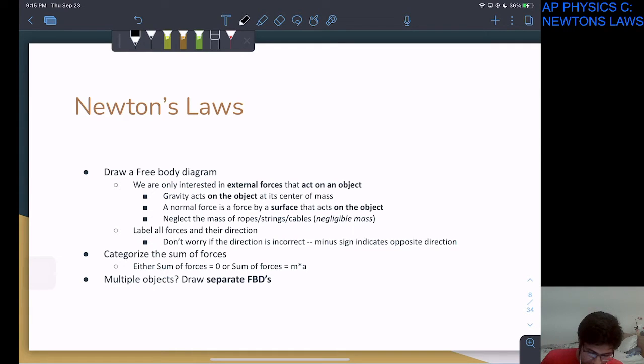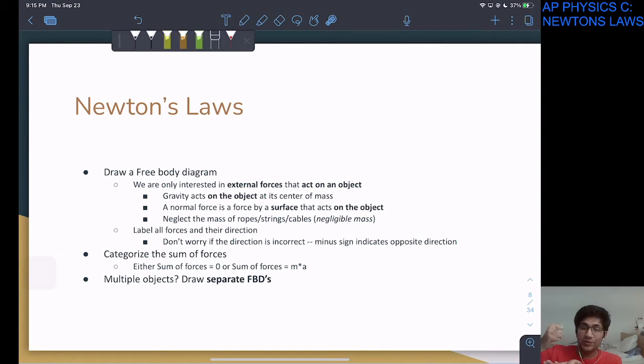And a few things to remember is that gravity acts at the center of mass. So right now everything is a point particle. We haven't looked at actual bodies in motion. We're looking at point particles, so this is fine. And a normal force is a force by a surface that acts on the object. Remember earlier we said, an object sitting on a table, there's a weight vector pointing downwards.